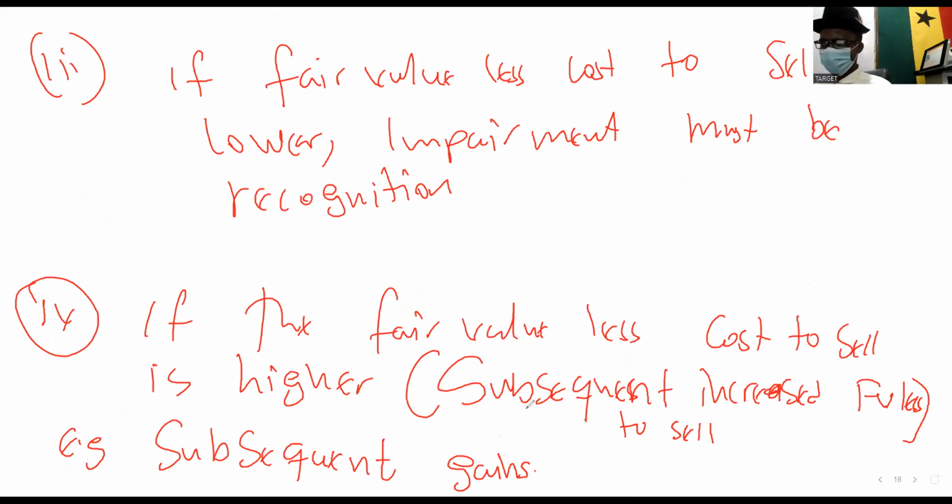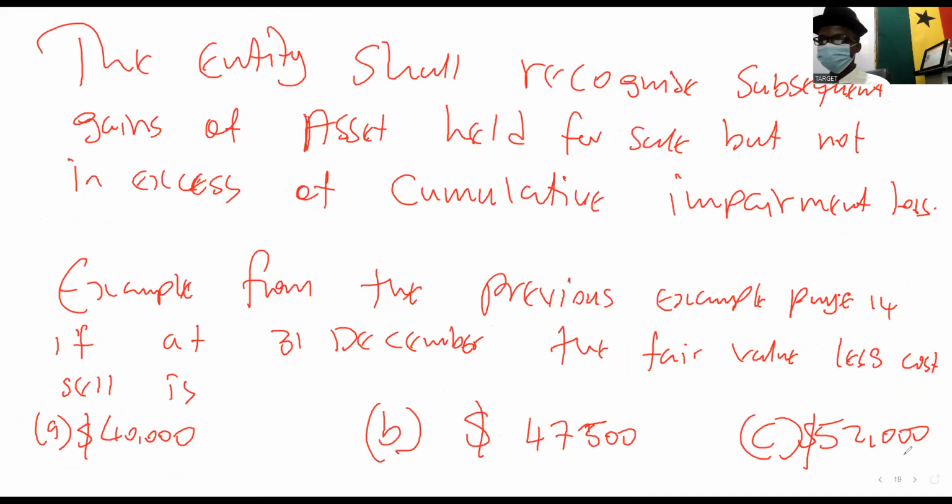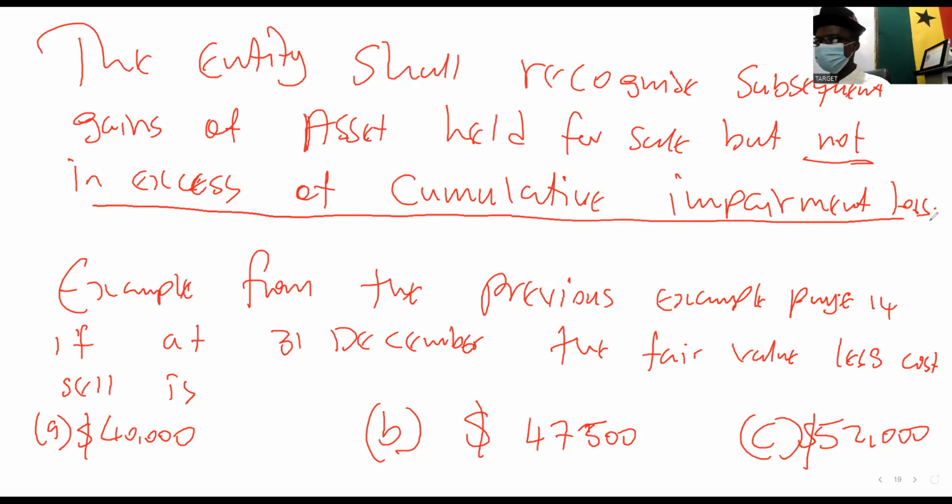Good. If the fair value less cost to sell is higher, the subsequent gains. The entity shall recognize subsequent gains of an asset held for sale, but not in excess of cumulative impairment loss.